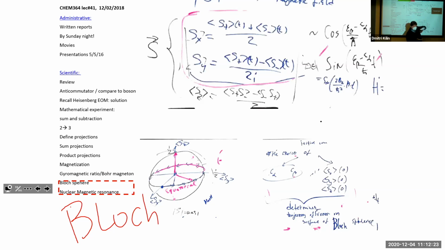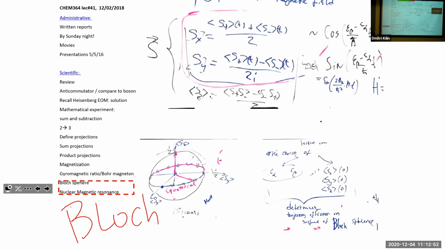upon placing the spin in the magnetic field, will perform rotation, very similar to expectation values of creation and annihilation operators, or position and momentum of a harmonic oscillator. The projections of spin in the x and y plane will rotate, one as cosine, another as sine.